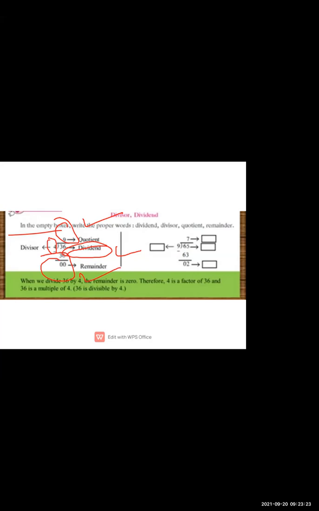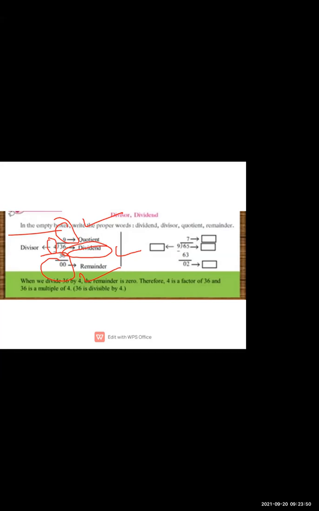Divisor is the number by which we are dividing. Dividend is the number which we are dividing. Remainder means the number left after dividing, when we subtract; the remaining number is known as a remainder.